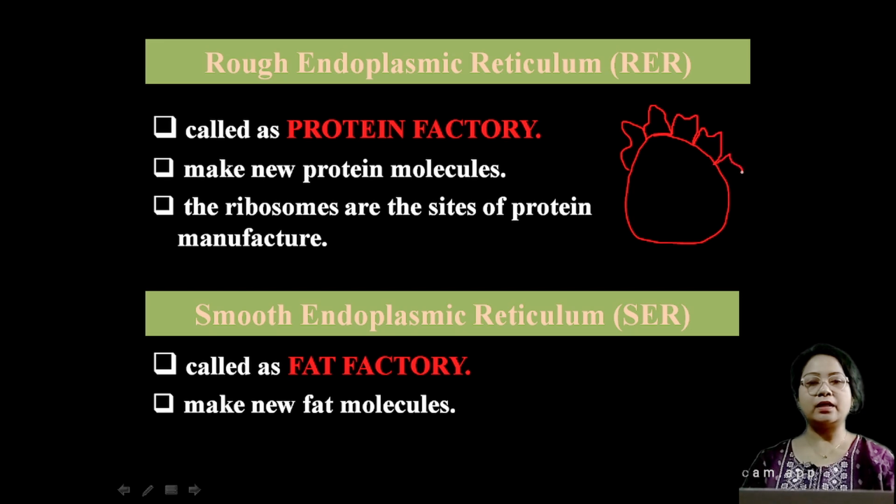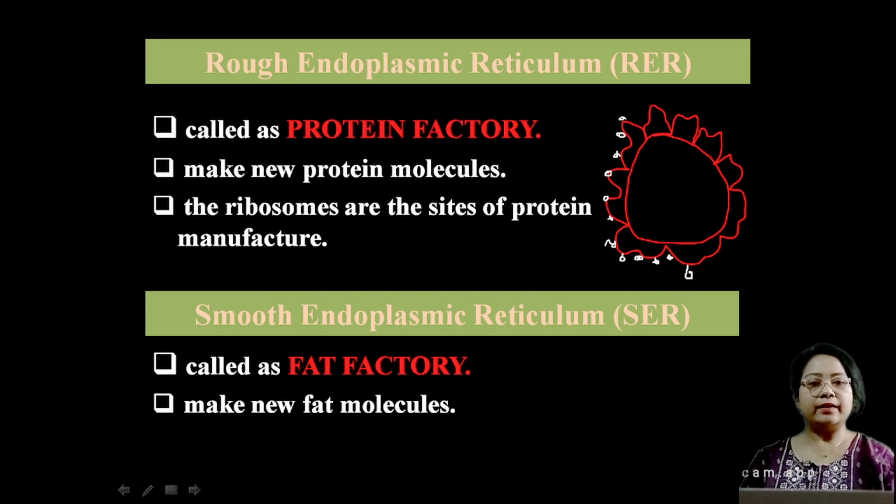In the outer part of the nucleus we can find the endoplasmic reticulum attached in this way. The endoplasmic reticulum that has ribosomes attached to it will be called the rough endoplasmic reticulum. Here ribosomes are attached, so it is called rough because of the presence of ribosomes in it.